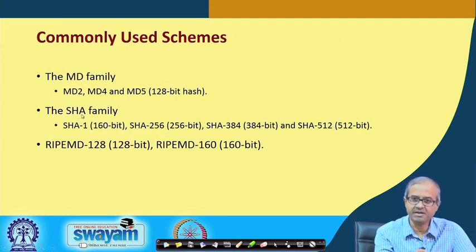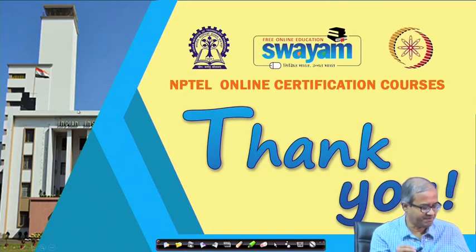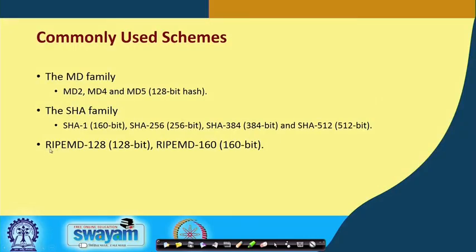The SHA family hash functions are considered to be better than the MD family, and of course, there is RIPEMD, another family. Many such hash functions are there, and you can use them for authentication and other similar purposes.